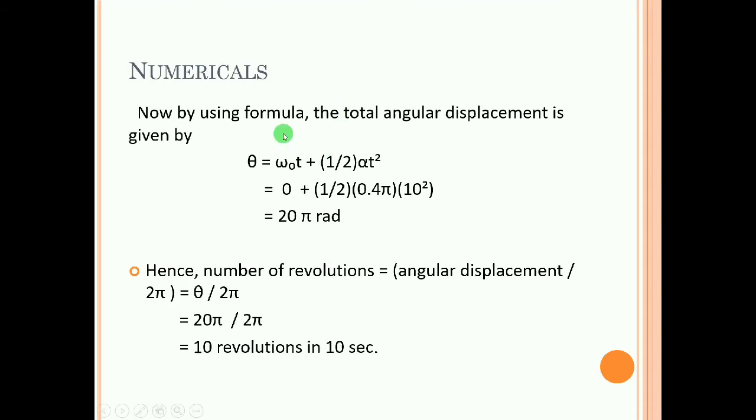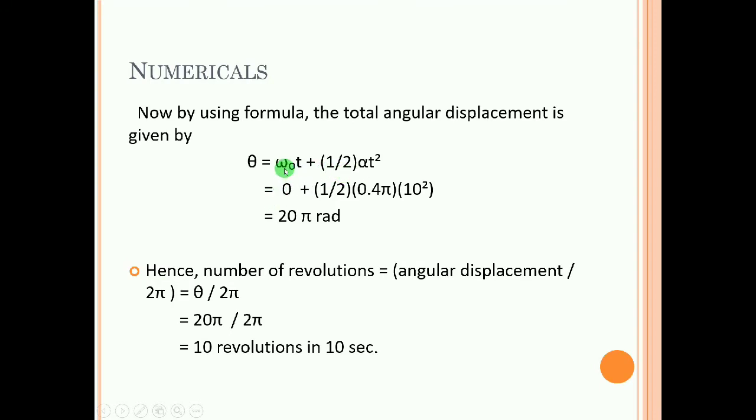For linear motion, the second kinematical equation is s equals ut plus half at square. Similarly, in analogy we can write theta equals omega 0 t plus half alpha t square.